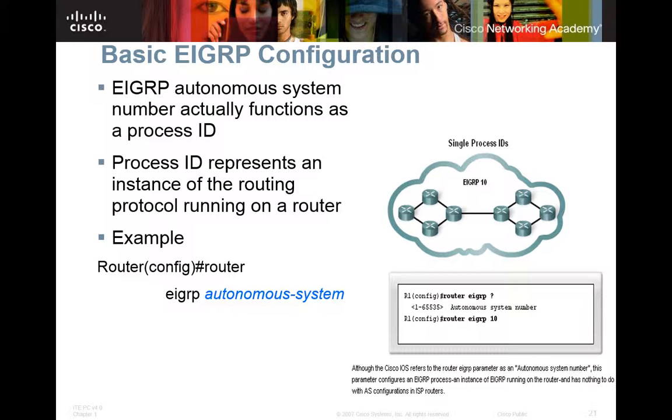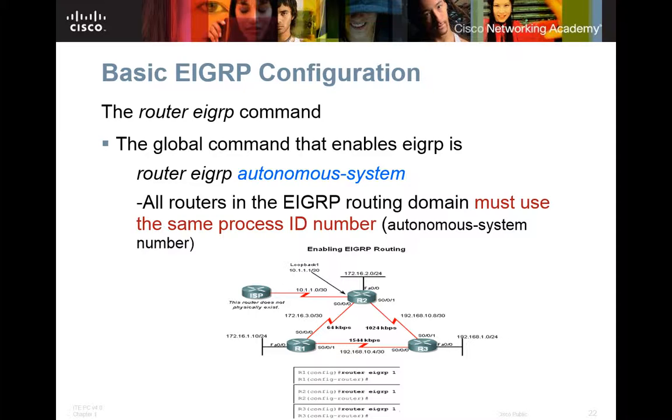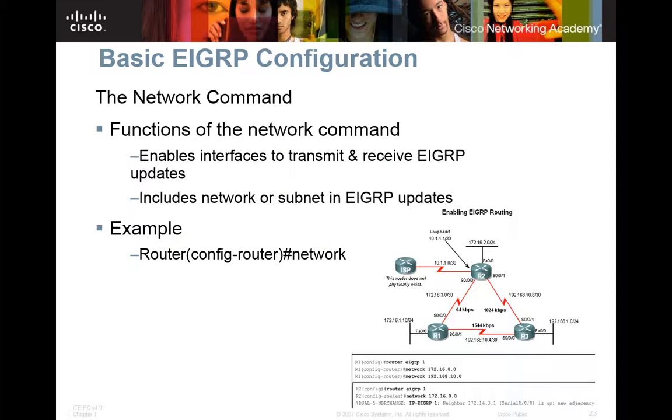That number is from 1 to 65,535. All right. And all routers in that same domain have to use that same autonomous system number. Otherwise, the routing tables get screwed up.